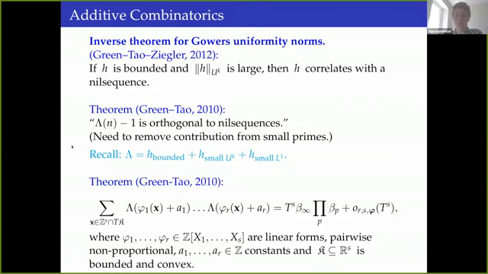So you have to recall that there is a transference principle available for the von Mangoldt function, which can decompose the function into a bounded part, one that is of small Uk norm, and an error term. And if you combine these two statements, then you can apply the inverse result and still deduce that the von Mangoldt function is equal to a constant plus something that is small in Uk norm.